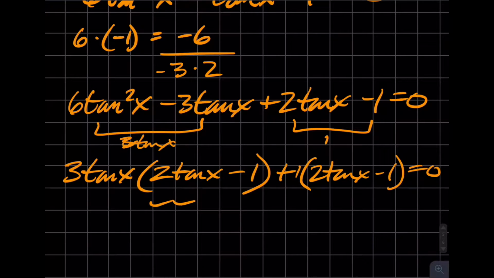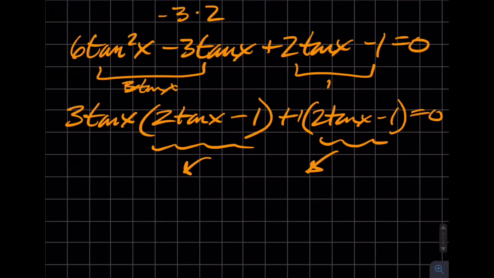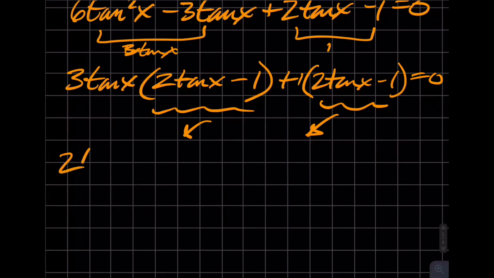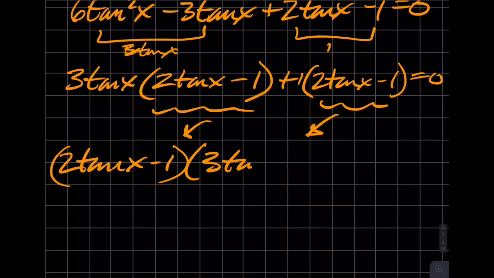And so this is the same as that, which means I can factor these guys from their two terms. And so I get 2 tangent x minus 1 times 3 tangent x plus 1, all of that equal to 0.